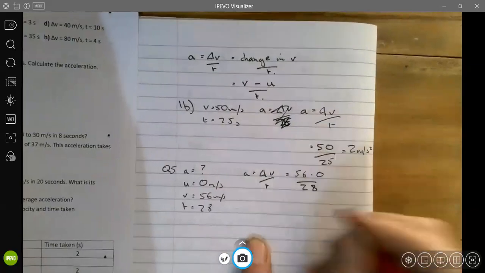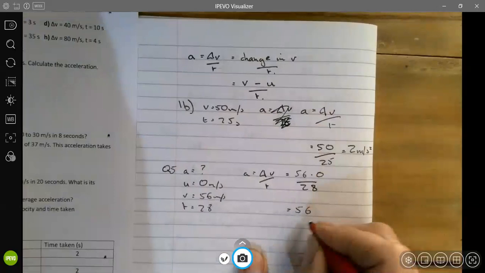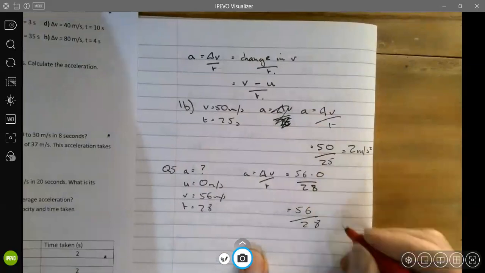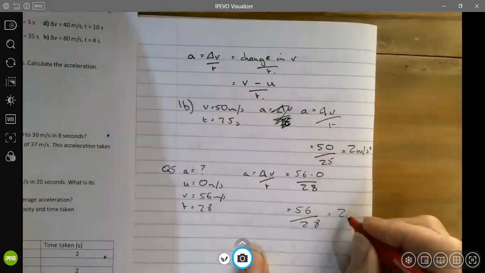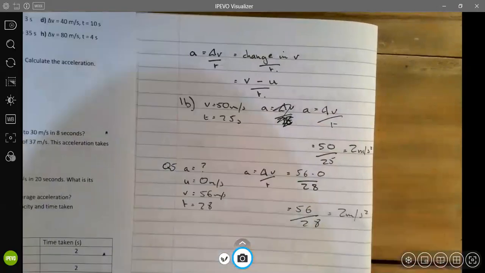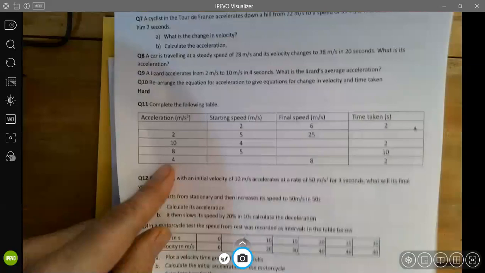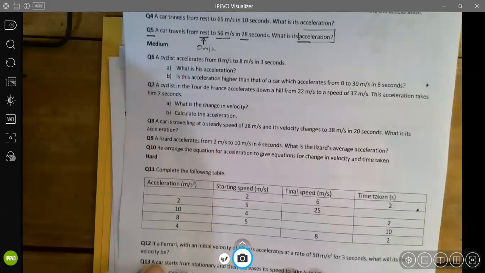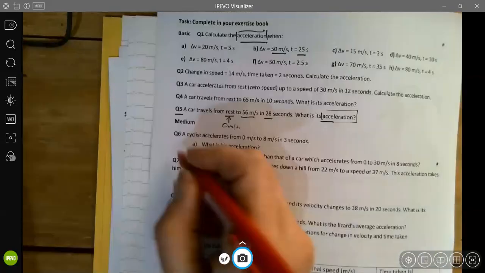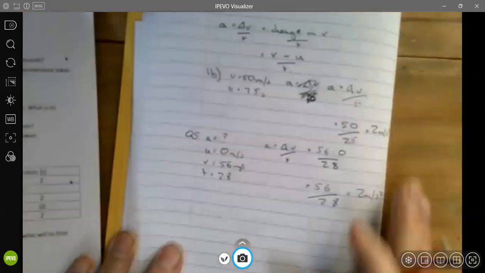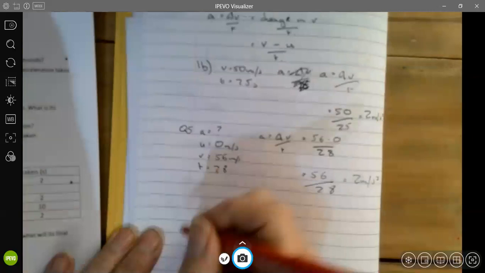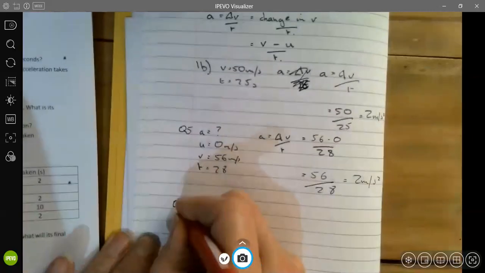That's equal to 56 divided by 28, which is 2 meters per second squared. So moving on. So we'll do question number 7. And I think we can leave it at that, and then we'll move on to velocity time graphs.